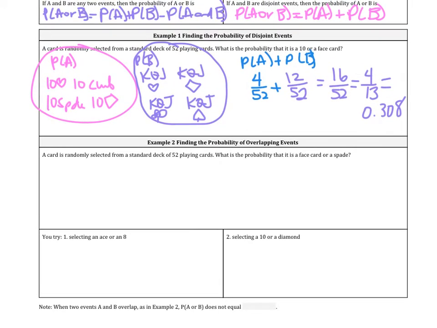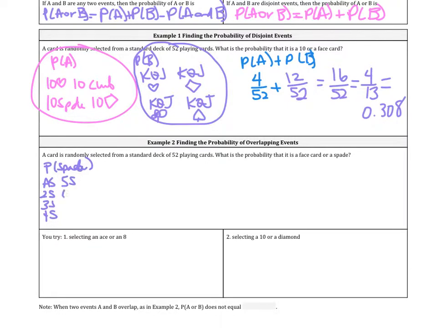So let's try the second example, finding the probability of overlapping events. A card is randomly selected from a standard deck of 52 playing cards. What's the probability that it's a face card or a spade? So the probability of a spade: that is our ace of spades, 2 of spades, 3, and so forth.